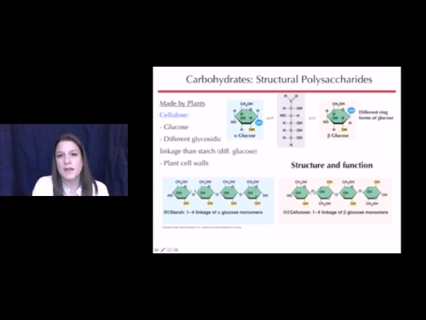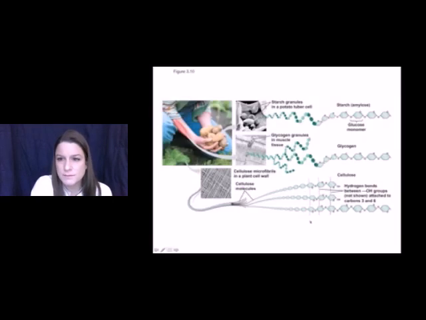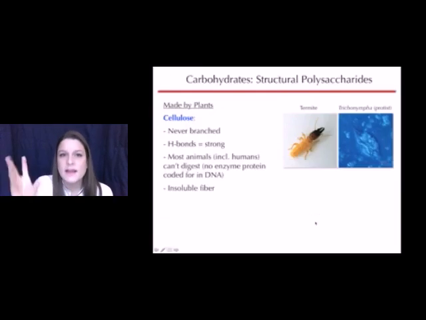There are some animals or organisms that can break it down. So termites eat wood, which is cellulose, but termites can't actually break it down themselves. In their gut, they have this protist called Trichonympha, and Trichonympha has the right molecules to break down the cellulose. It can give some of those to the termite, and then the termite can actually eat wood for energy.